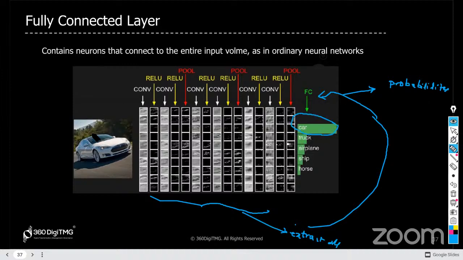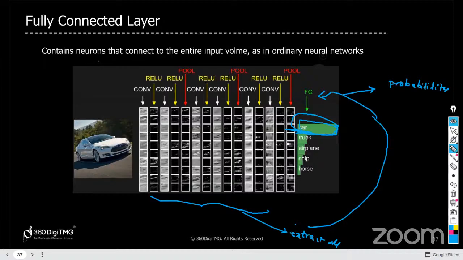So this image is supplied ultimately to the fully connected network after extracting the features. Which one has the maximum probability? That is the image car. So we will choose the car as output. This is what you have in this picture.